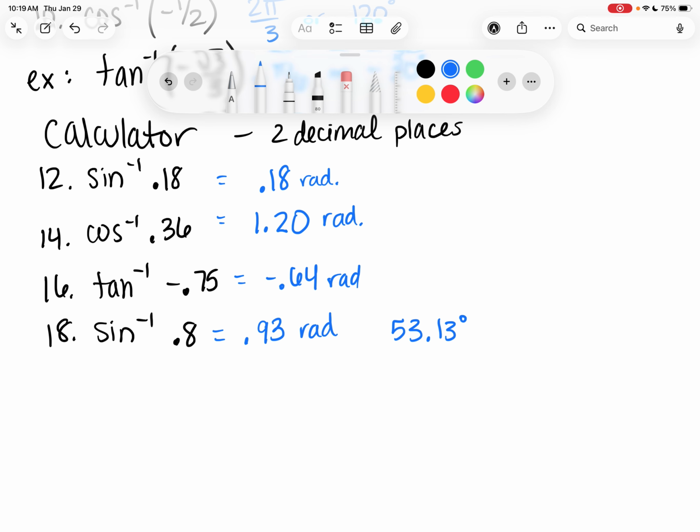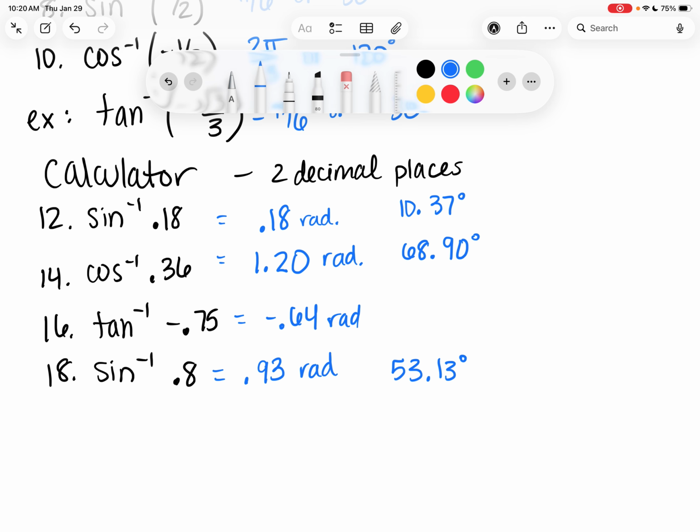Second one, this one's going to round up basically everything, so 68.90 degrees. And if it ends in a 0, you don't have to write the 0, but if you want to, you can. And then the tangent one, negative 36.87 degrees. Questions about those?